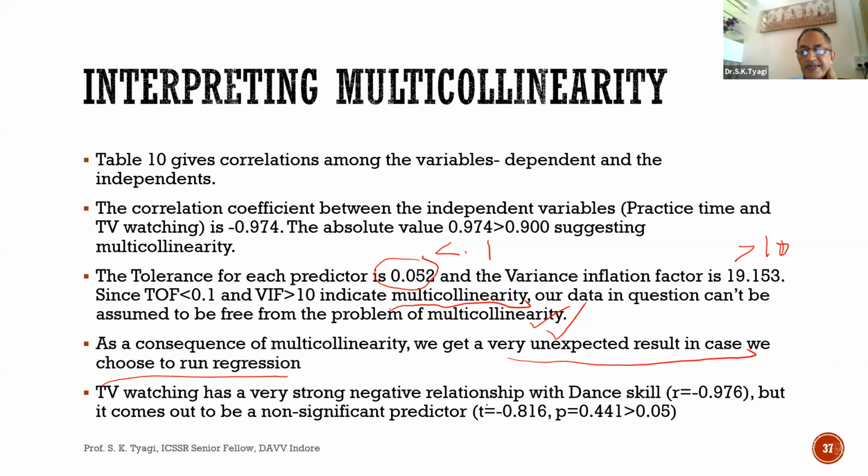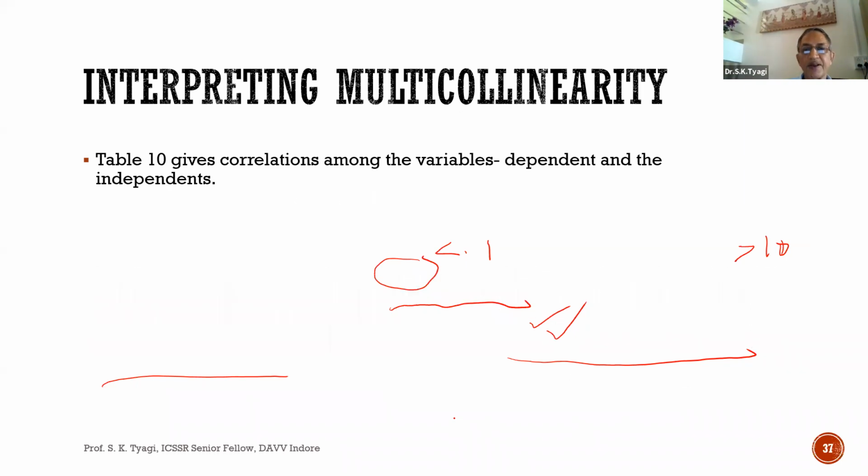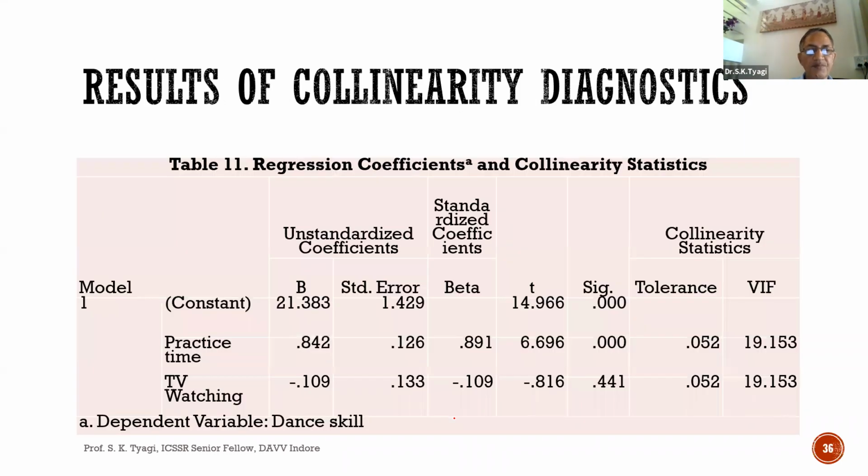We saw that TV watching is very strongly negatively related with dance skill. That means it should be a significant predictor, but it comes out to be a non-significant predictor. Look at this table here. Now, practice time and TV watching. These are our two predictors.